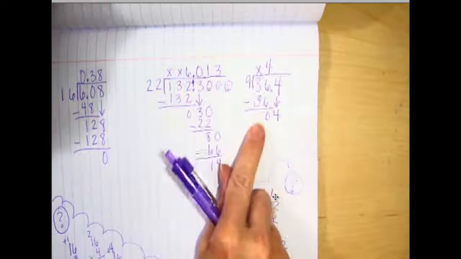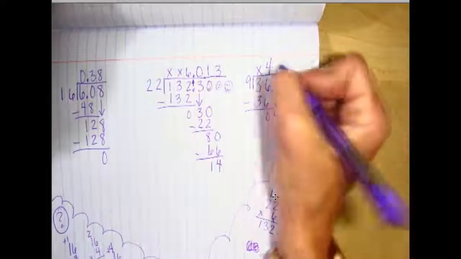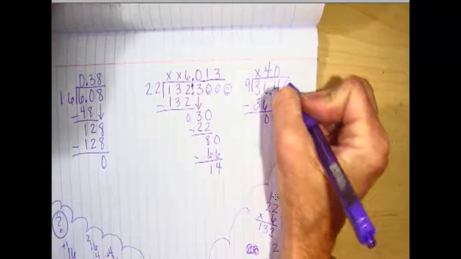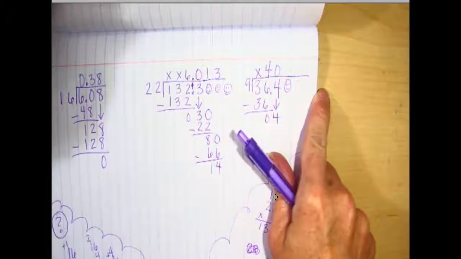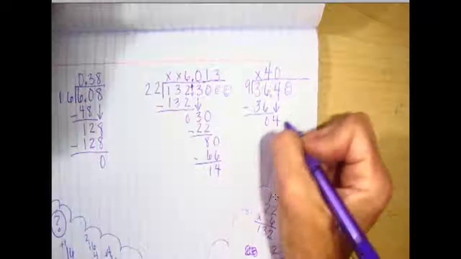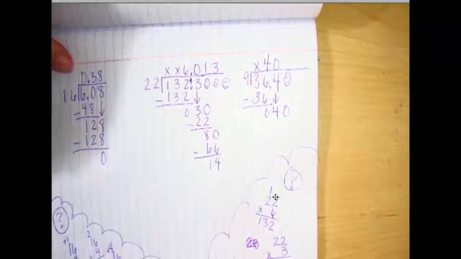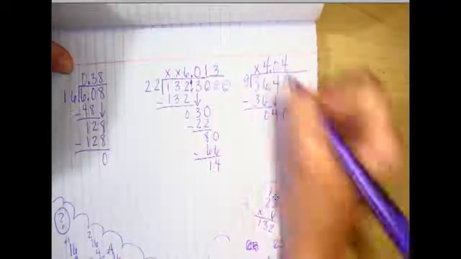4 divided by 9, no can do. So what do I put at the top? 0. And now I'm going to go ahead and put one of my little trailing zeros here. Sometimes you have to make the house a little longer. Just draw your line out. Well, 9 into 40, how many times? 4.